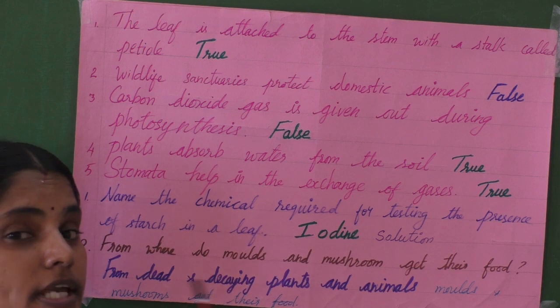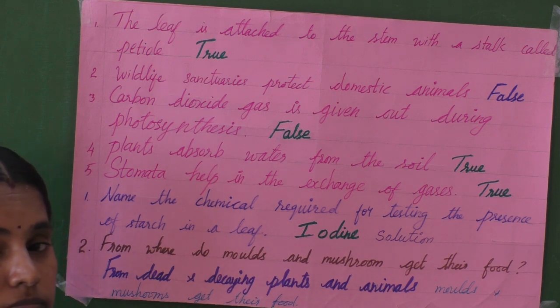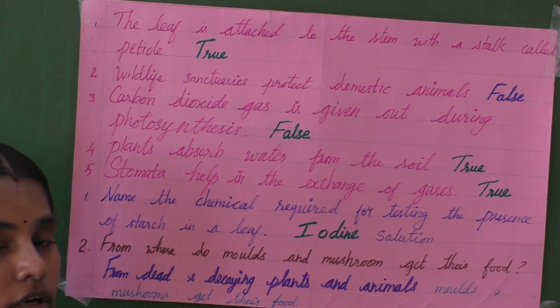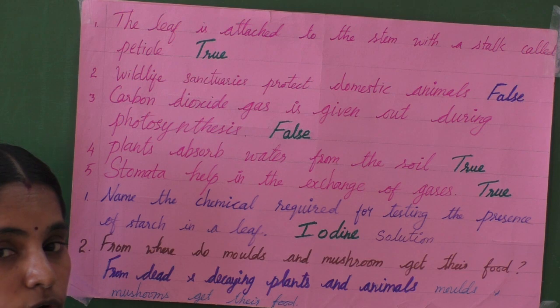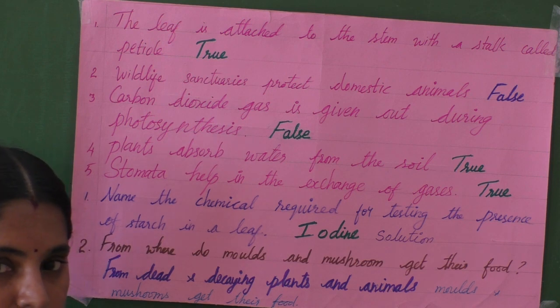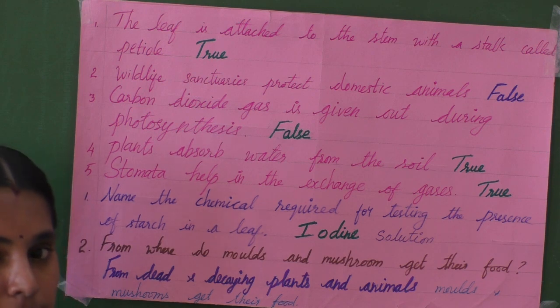Decaying means what? Rotting away. If we keep a wet bread slice as such on the table, in undisturbed condition, after 3 days you can notice the growth of mold over there. The bread is made up of wheat flour or maida flour, so it is organic, plant material.